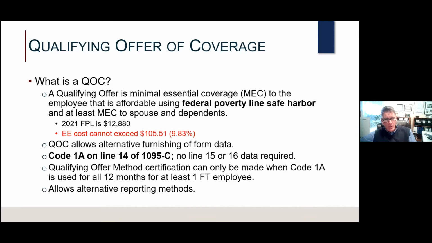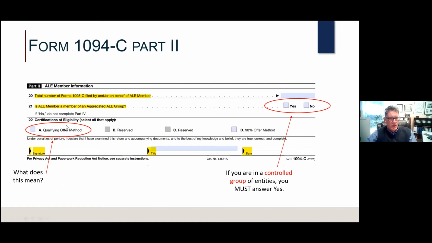The code on the 1095s that signifies that you're making a qualifying offer of coverage is code 1A, which shows up on line 14 of your 1095s. If you've got code 1A showing up on your forms for at least 12 months for at least one full-time employee, you are then making a qualifying offer of coverage, and you are then required to check this box to alert the IRS that you're using code 1A on your 1095s.